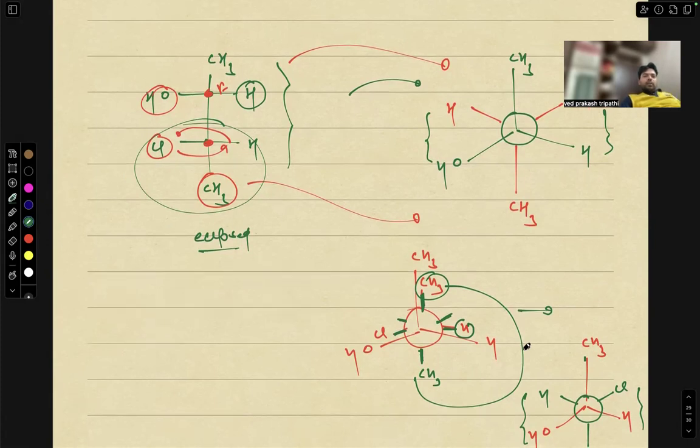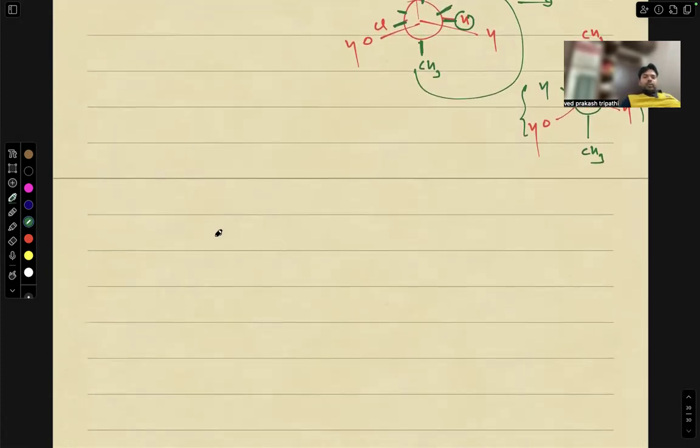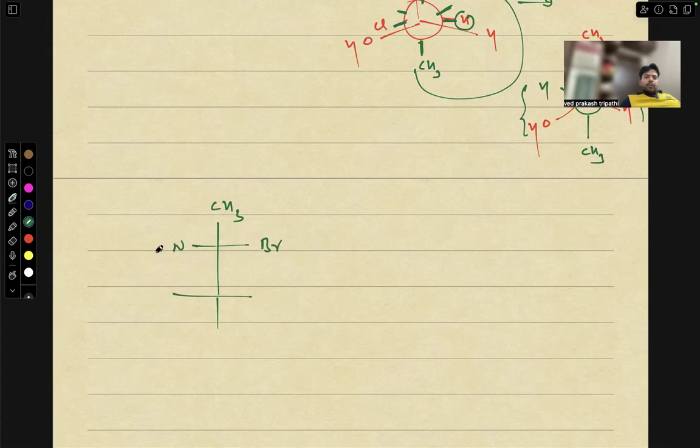Clear? I'll give you another one. Suppose this one. Okay, now we have to draw the Newman projection. So suppose this is my front.